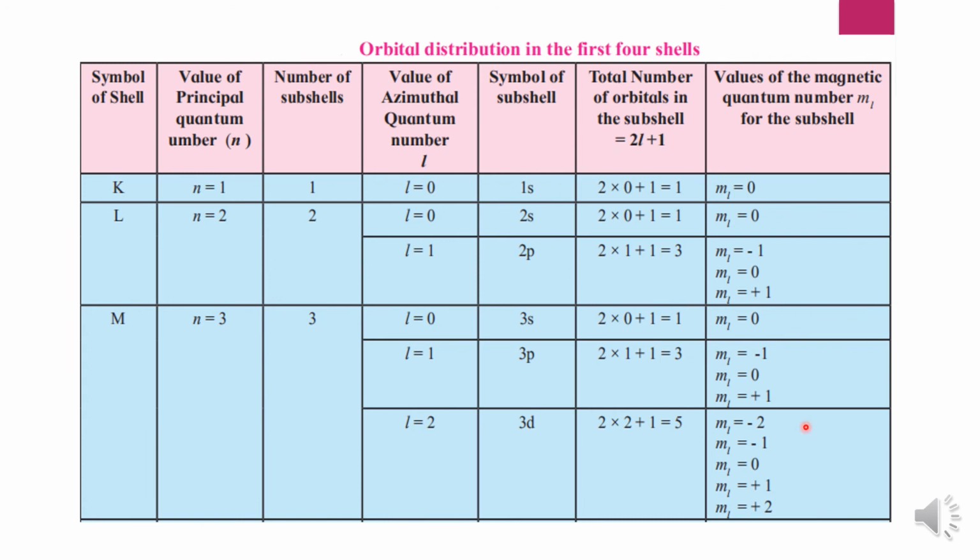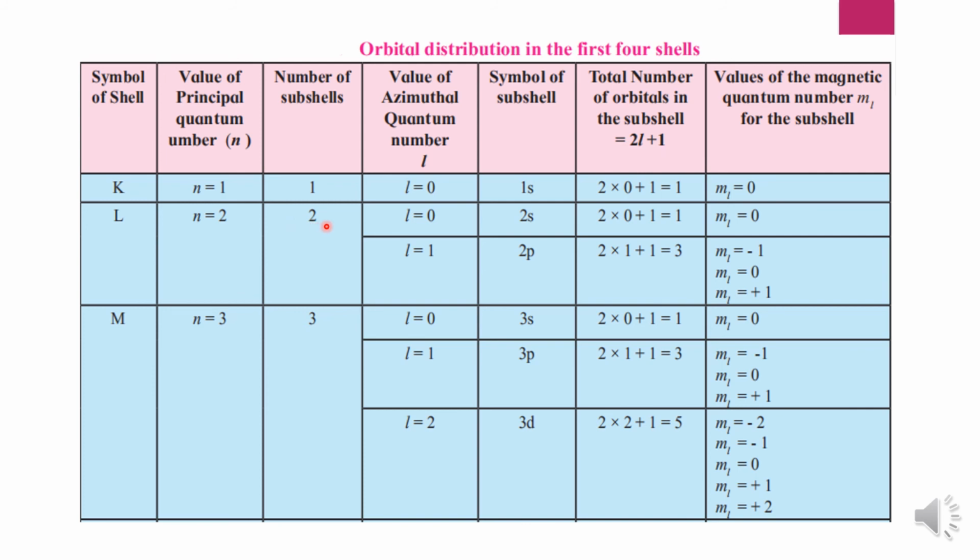Now orbital distributions in the first 4 shells. Let's say K shell. K shell has principal quantum number 1. It has 1 subshell, its L value is 0. It has only the s orbital, and it has only 1 orbital, and its ml value is 0. If I am talking about L shell, its principal quantum number is 2. Number of subshells is also 2.